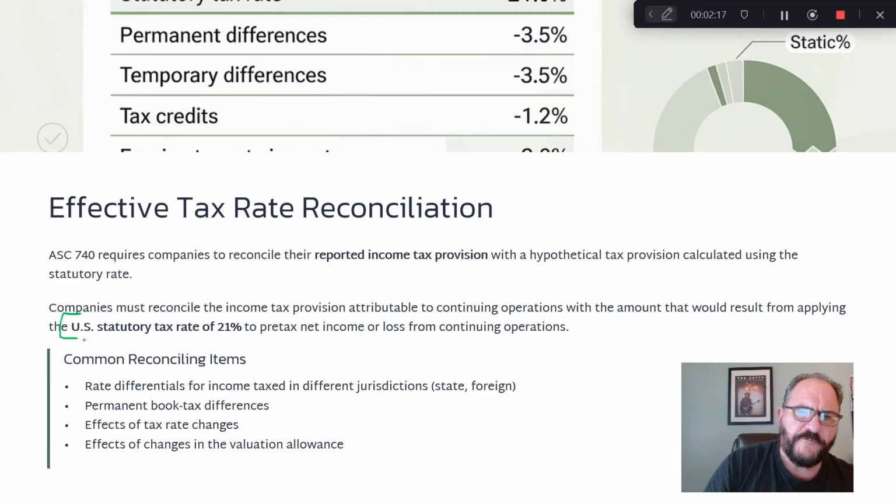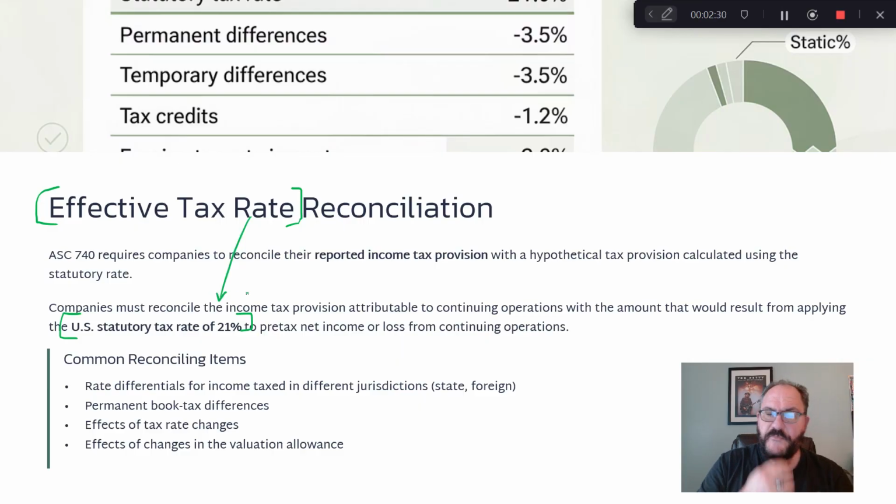statutory rate is 21%. And they also want to know what is the effective tax rate? Effective tax rate. Okay, so not all companies wind up paying this 21%. They could wind up paying less depending upon what's going on with their books. It could have to do with assets and liabilities and these deferred tax assets and things like this.